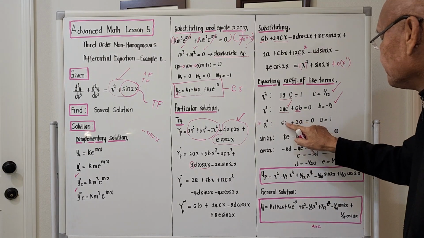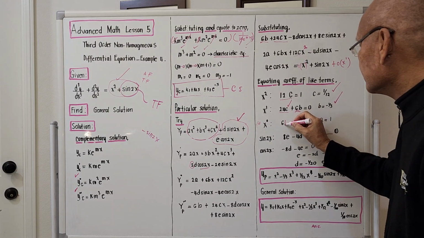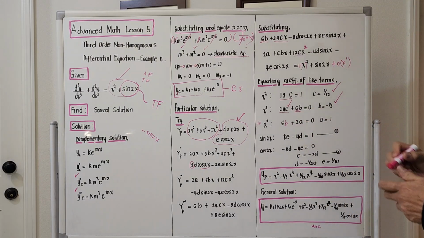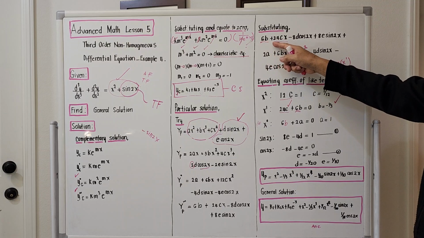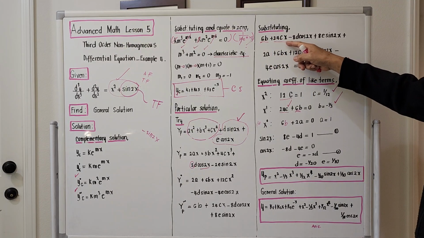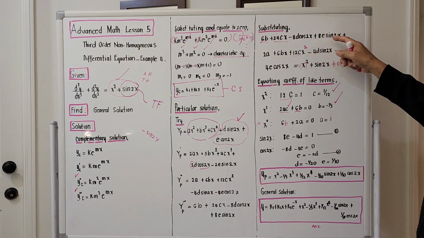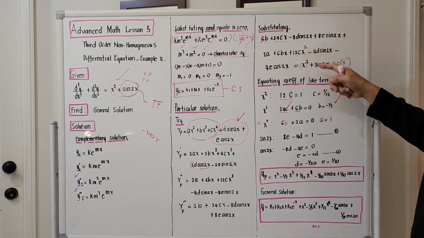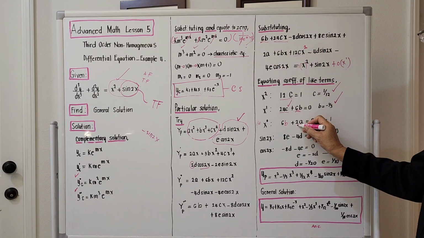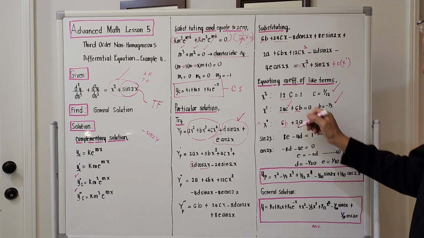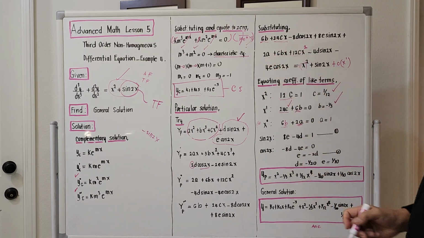Yeah, this is 6b. The pure constant term, this is an x term, cosine, this is sine, plus 2a. So 6b plus 2a.